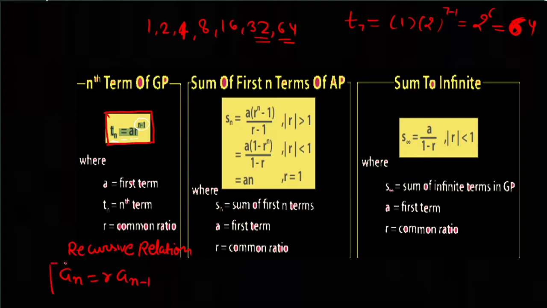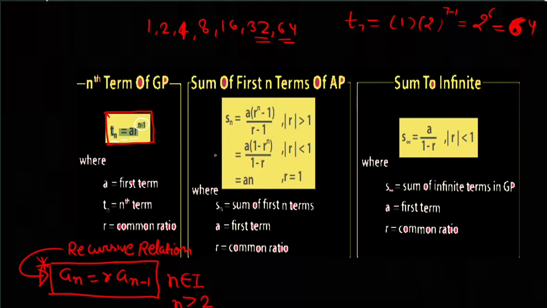This is called the recursive relation of any geometric progression. Okay, and also that n belongs to integers, and n is greater than or equal to 1, because n cannot be negative. It does not make any sense to have a minus one term of any GP.